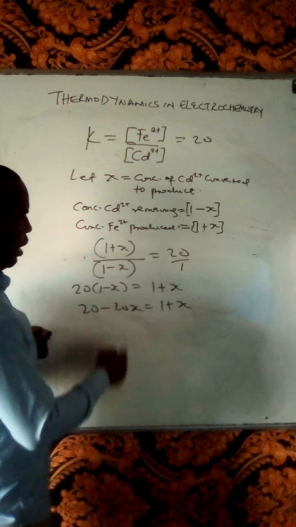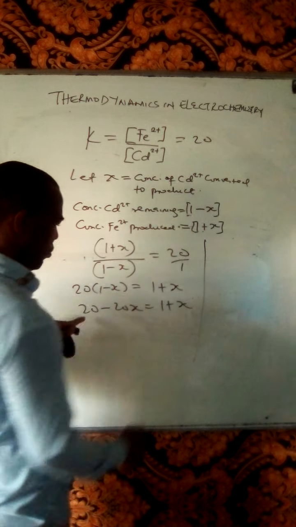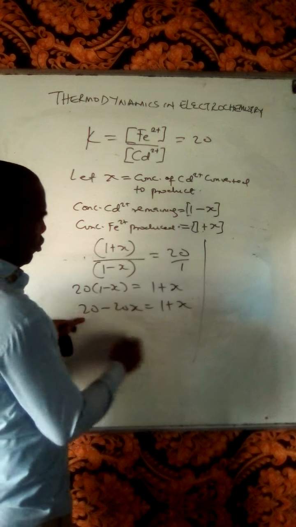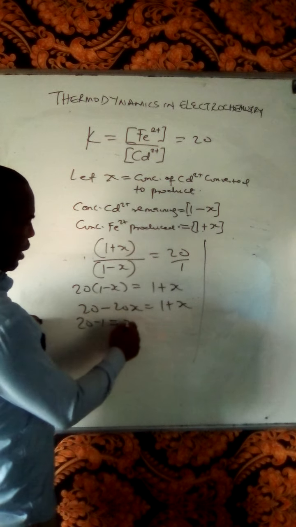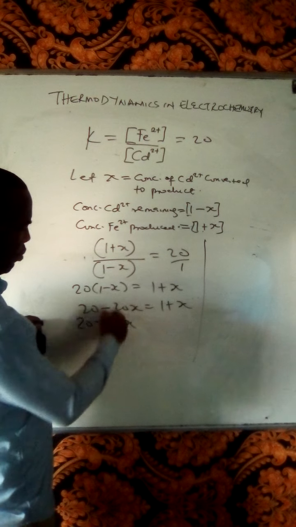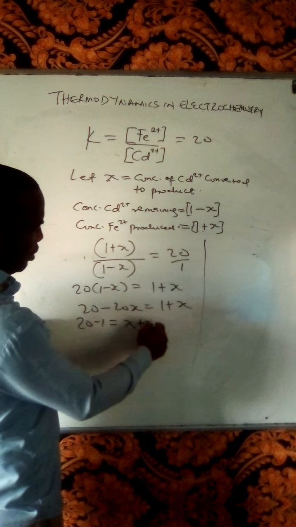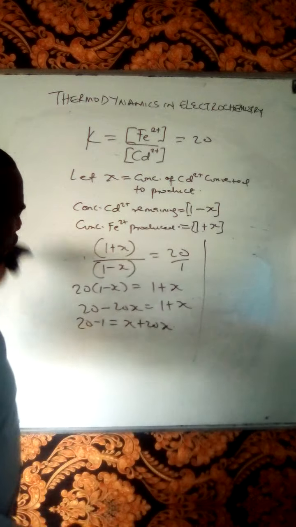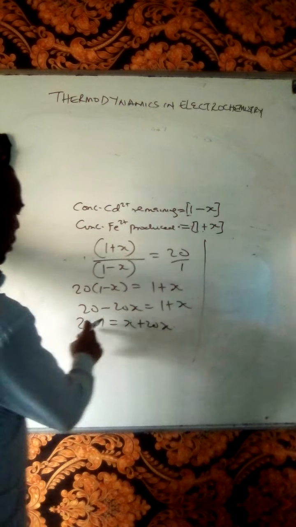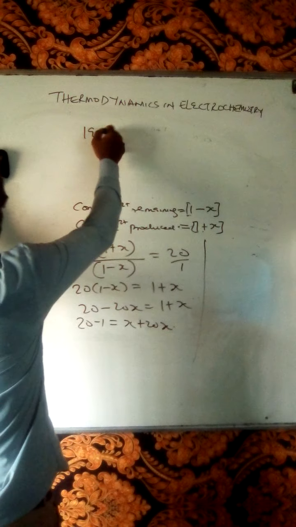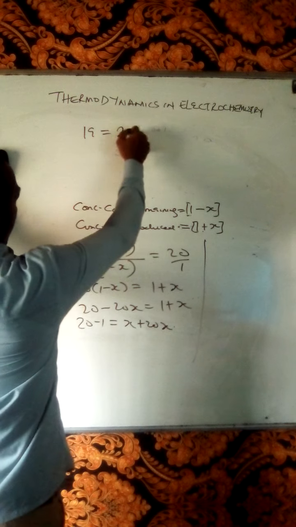Solving, we now have, taking like terms, 20 minus 1 equal to S plus 20S. So solving this, we arrive at 19 equal to 21S.